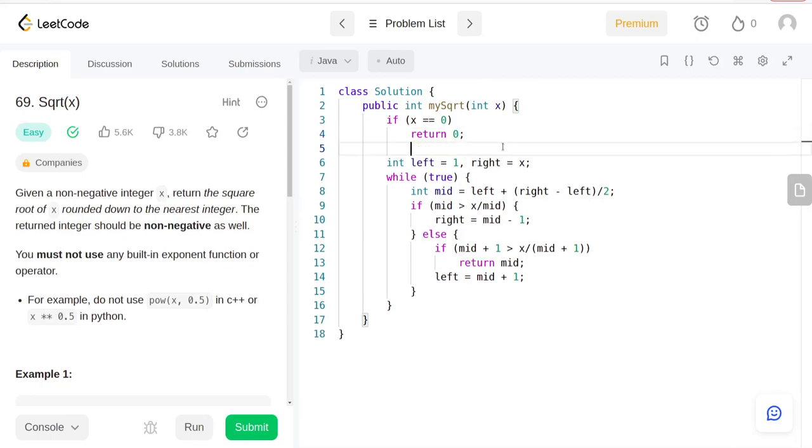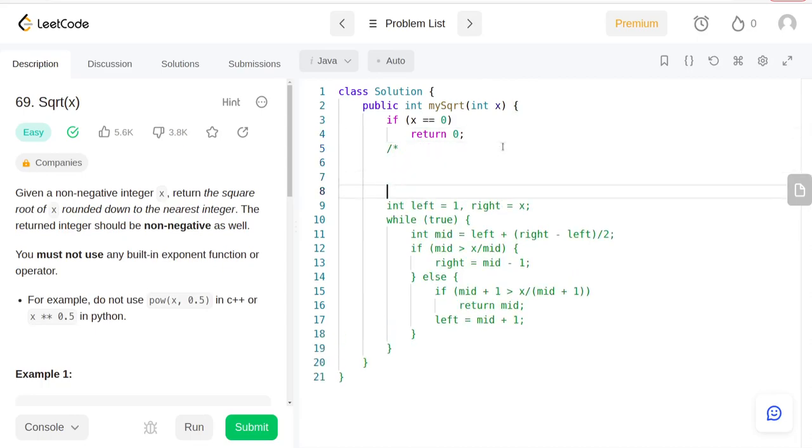All we need to do is keep the right equal to x, because the square root of x cannot be bigger than x. In the case of 1, it can be equal to the same thing, but the square root cannot be bigger than that. So keeping right as x is going to be fine.